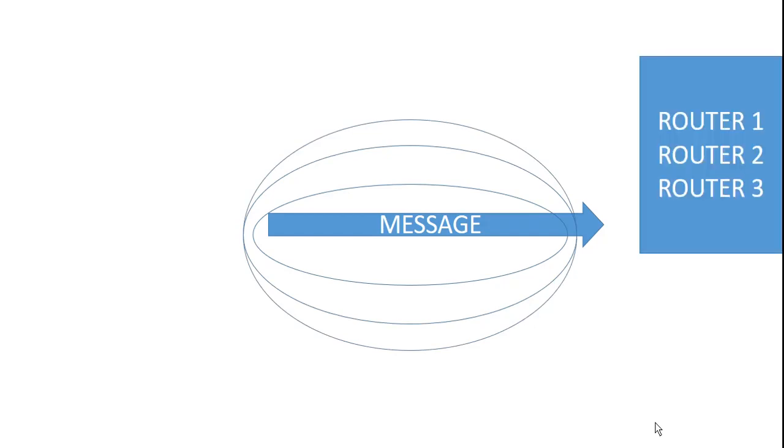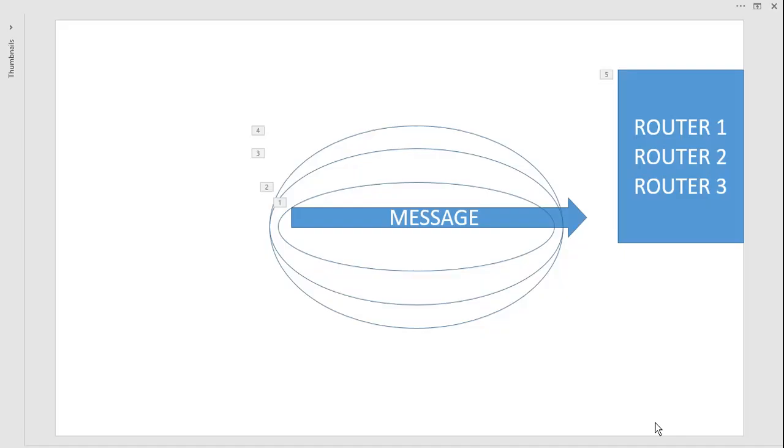Now you have 3 different routers. So you as a client try to send a message to the destination, but between source and destination there are 3 different routers, router 1, 2 and 3, right? Router 1 is able to decrypt only one layer of encryption, so router 1 will know that it has to send this message to router 2.